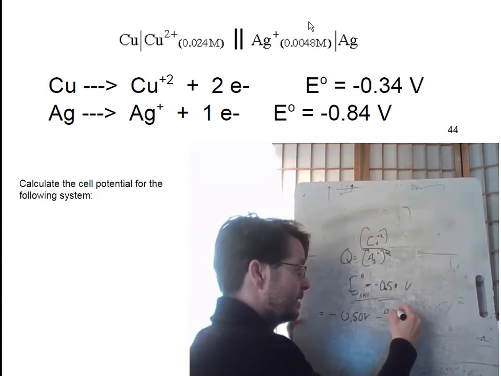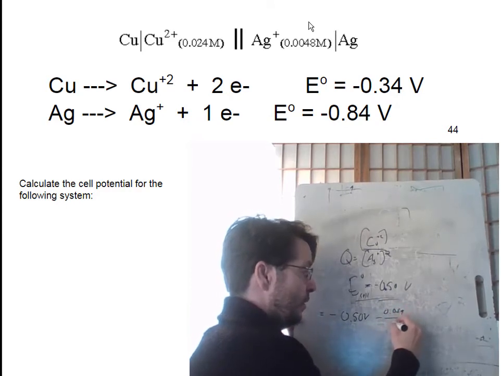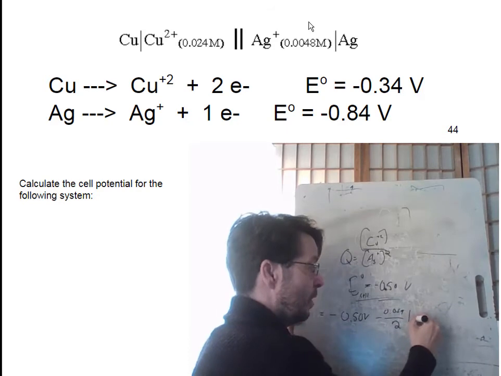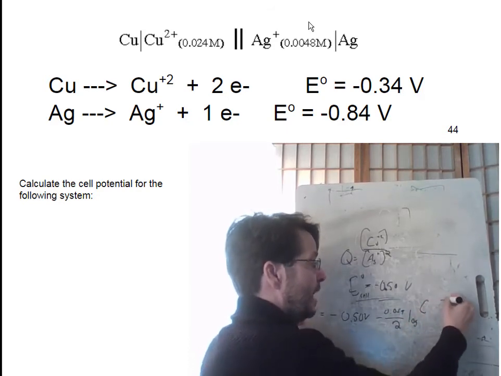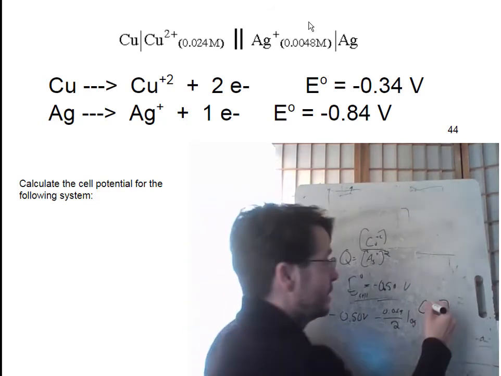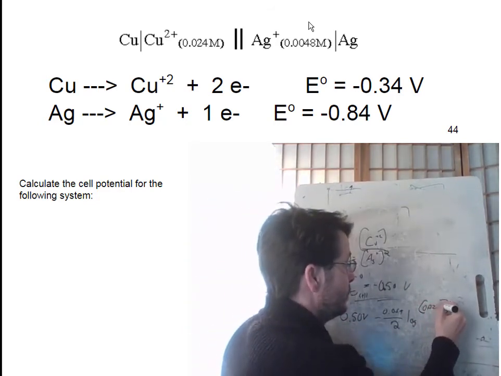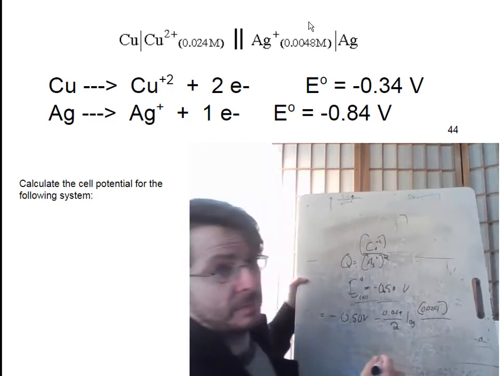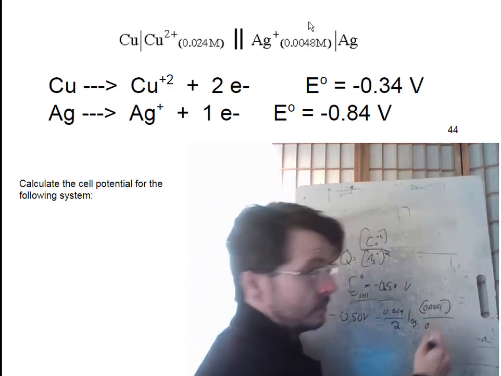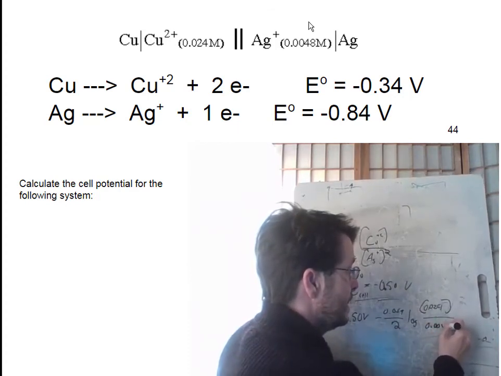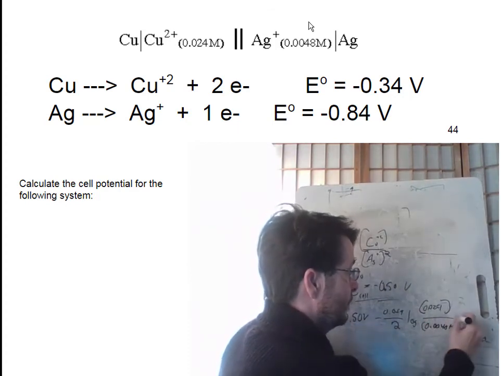Minus 0.059 over 2, that's our number of electrons, log copper concentration. In this case, the copper concentration is 0.024 molar, divided by the silver concentration of 0.0048 molar squared.